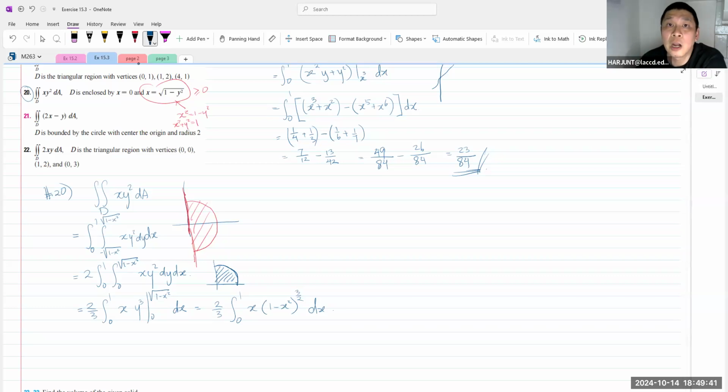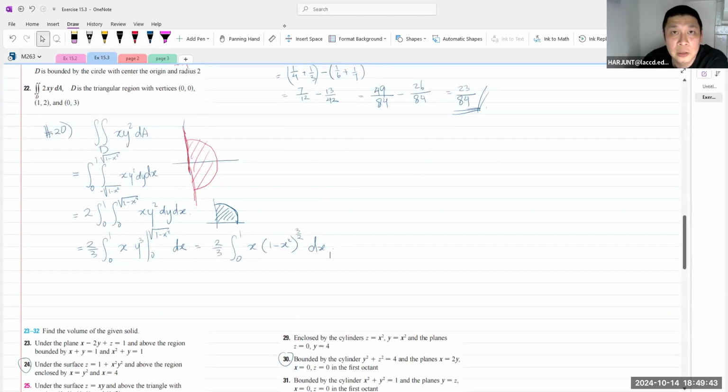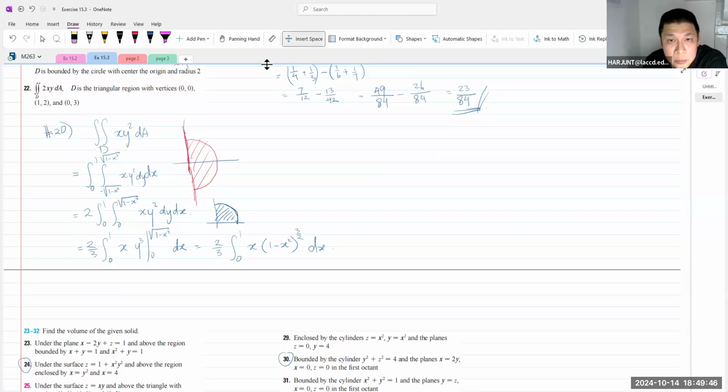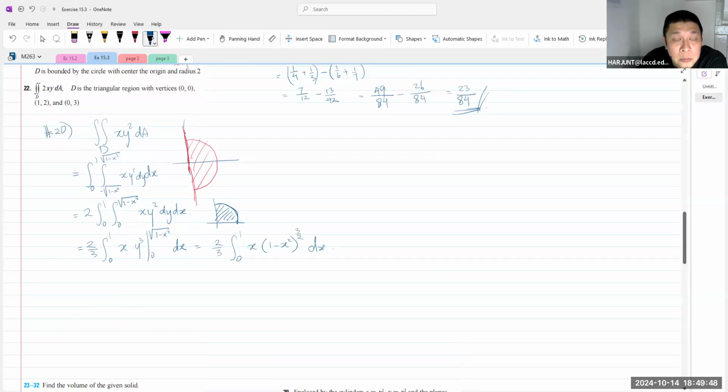And then from here I will do substitution. So let u equal 1 minus x squared. So du will be negative 2x dx. So x dx will be replaced by du over negative 2.